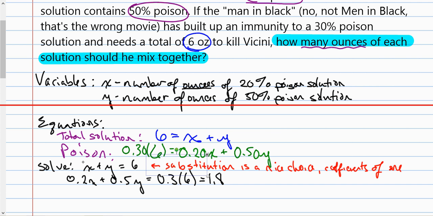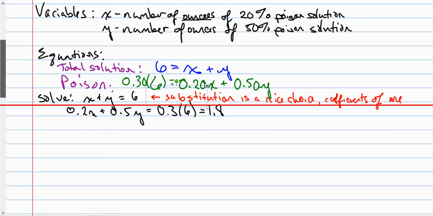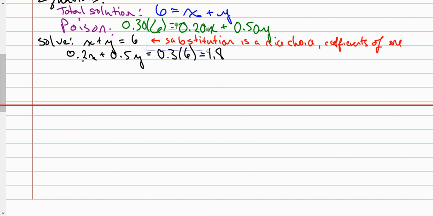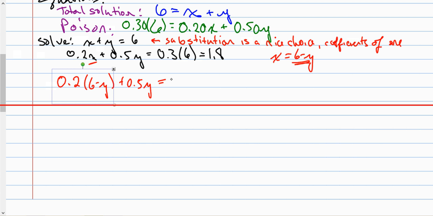If I don't see any number written in front of my variable, it's the nice one to isolate. So let's isolate x. If we isolate x, I get x equals 6 minus y. And this is what I'm going to plug in for this x. So 0.2 times 6 minus y plus 0.5y equals 1.8.